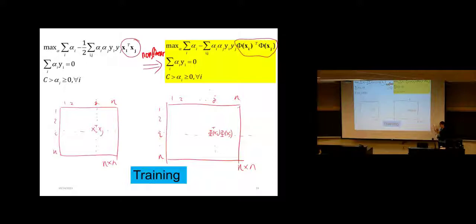When you have this nonlinear extension, what you're performing is a similarity matrix where each entry is phi x i transpose times phi x j. So in the end, what the training data provides to this formulation is this matrix, because I really do not need the original phi at all. What I need is the similarity between x i and x j, in the form of an inner product.